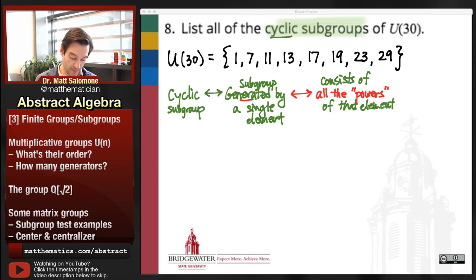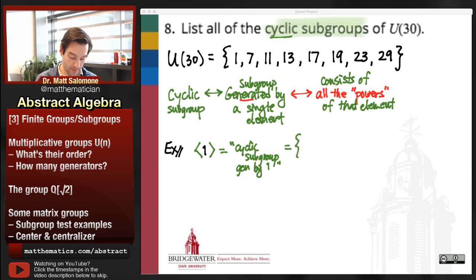So for example, if you hand me an element, let's say you hand me the element 1, and I want the cyclic subgroup generated by 1. Notationally, we denote that by putting little angle brackets around my element 1. So this is the cyclic subgroup generated by 1.